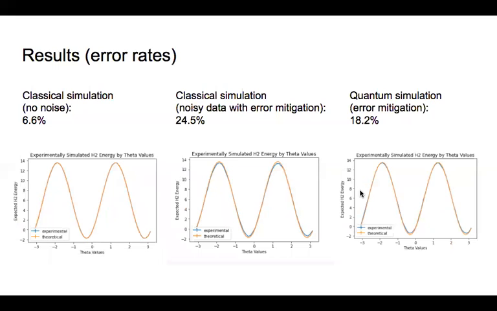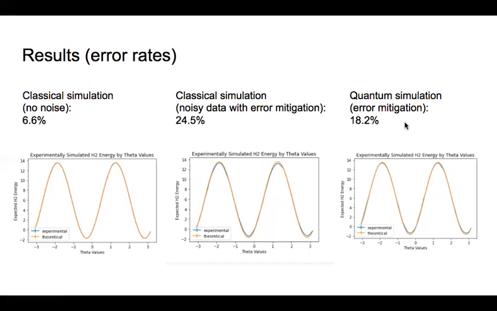And so just to look at the results real quick, with the classical simulation with no noise, we still saw 6.6% error, which goes to show that, unless we repeat this experiment an infinite number of times, there will still be some variation in the final results. However, what's really surprising is that we still got 24.5% error with noisy data on a classical simulation with the built-in error mitigation method.